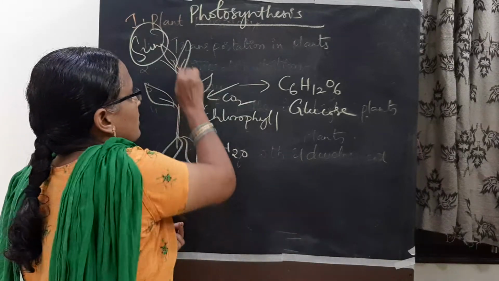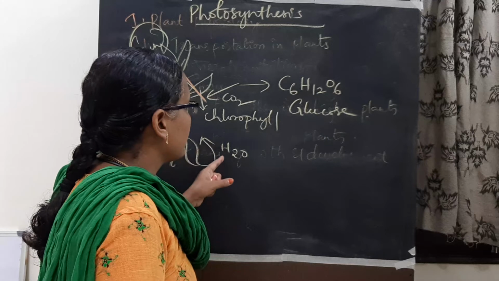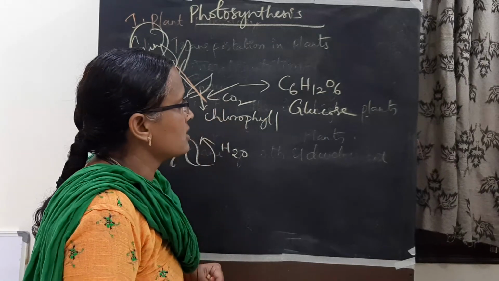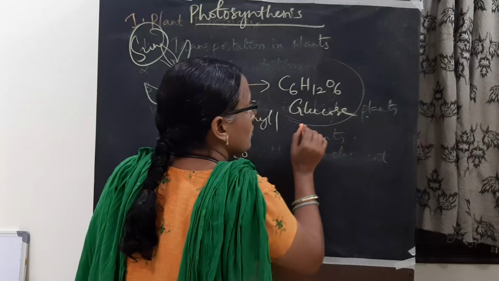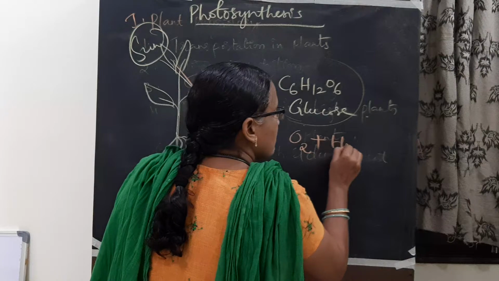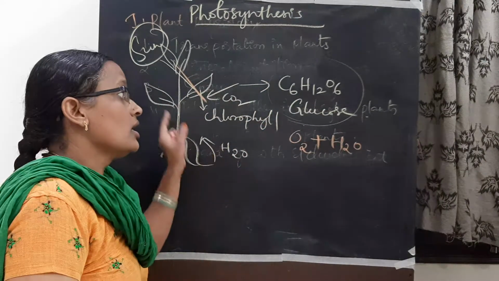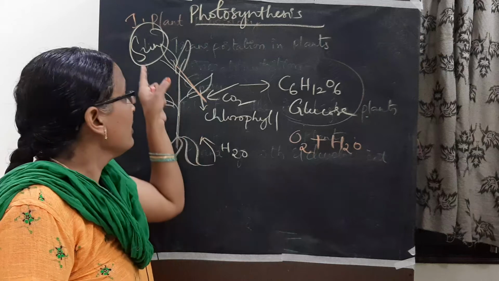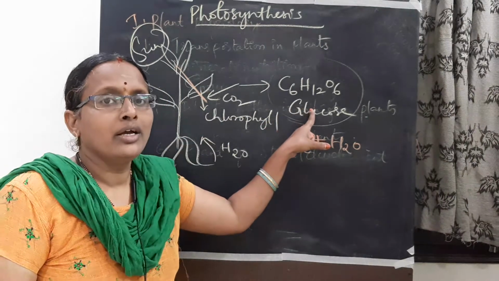They capture the sunlight and combine water and carbon dioxide from the atmosphere to form complex food materials, that is glucose, and they release oxygen. At the same time, water is released in the process of photosynthesis. So here the light energy is converted into chemical energy.